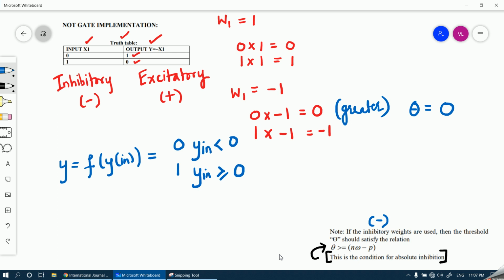We consider only the magnitude of the inhibitory weights and not the sign. I hope NOT gate implementation is clear to you.